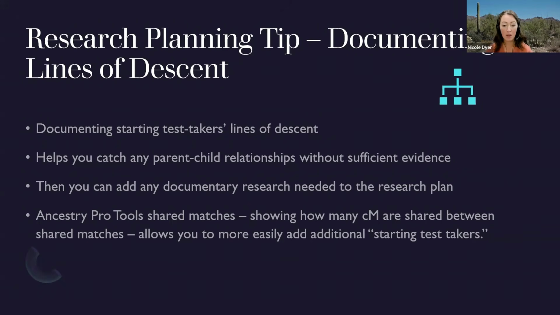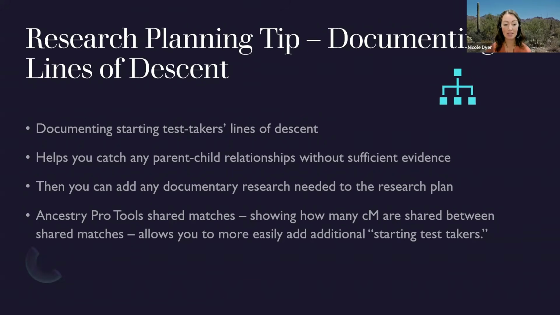Well, when we start seeing all of these lines of descent and maybe adding in a few new test takers, we should be documenting how they descend from the common ancestor or the research subject. And that means finding some sort of source that gives us evidence for the parent-child relationship in the diagram going back each generation.